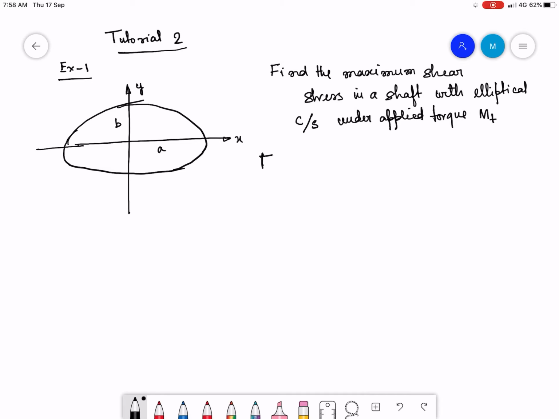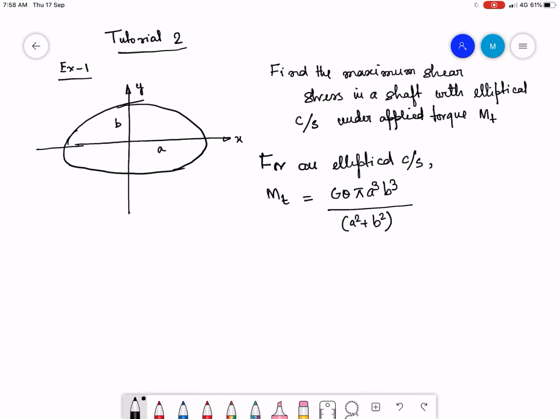So for an elliptical cross section, we know that this is the relation between torque and the angle of rate of twist theta for an elliptical shaft.